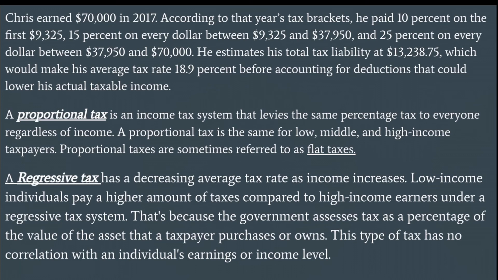A regressive tax is a decreasing average tax rate as income increases. Low income individuals pay a higher percentage of taxes compared to higher income earners under a regressive tax system. That's because the government assesses tax as a percentage of the value of the asset a taxpayer purchases or owns. This type of tax has no correlation with individual earnings or income level.